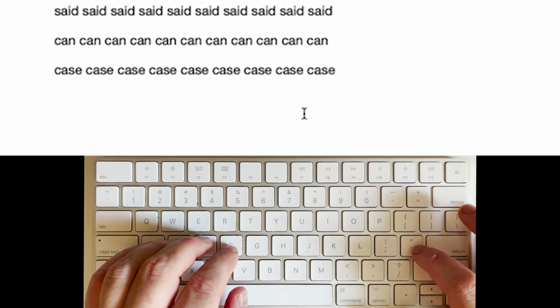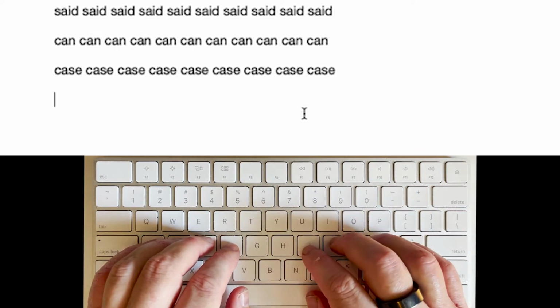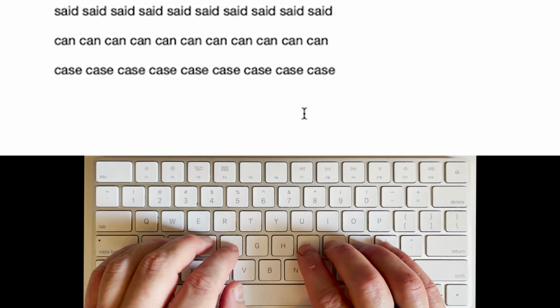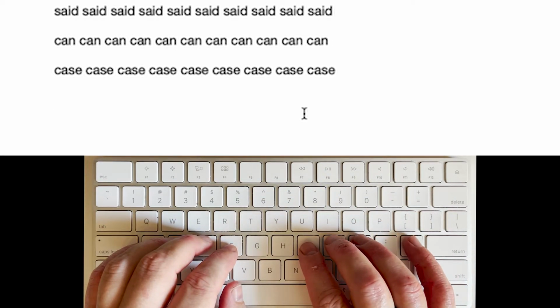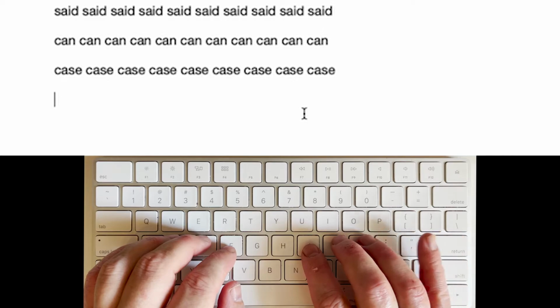So since it's on the bottom level, the apostrophe, then all you have to do is actually use your right pinky finger in order to hit it. So I have my fingers all lined up, and then I just simply move my right pinky finger over to the right one key, instead of two keys, which is how I would hit the return or enter key.